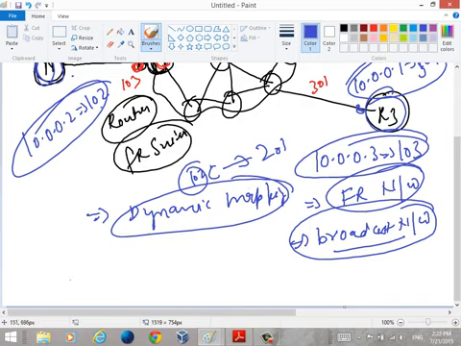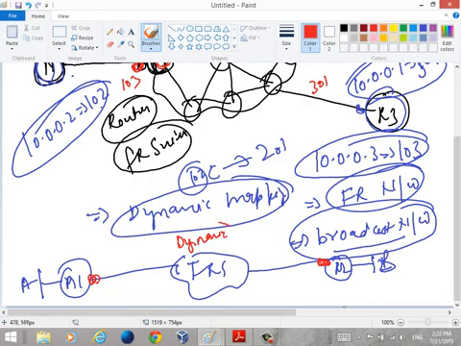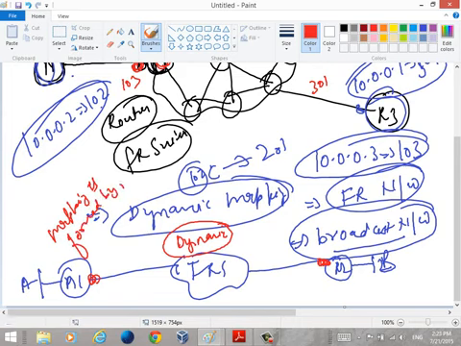Let's say R1, this is FRS, this is R2. This is LAN of R1, this is LAN of R2. This is A, this is B. Now, you have this IP to this IP connectivity, yes or no? And you are running which mapping? Dynamic mapping. Dynamic mapping means mapping is formed by inverse ARP.